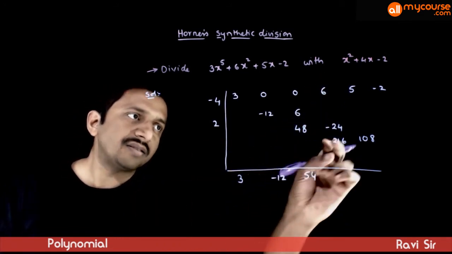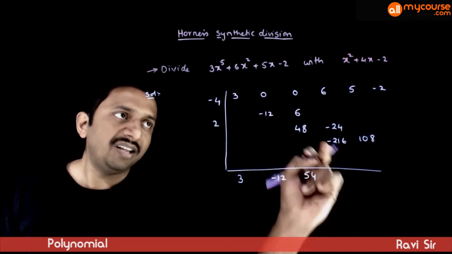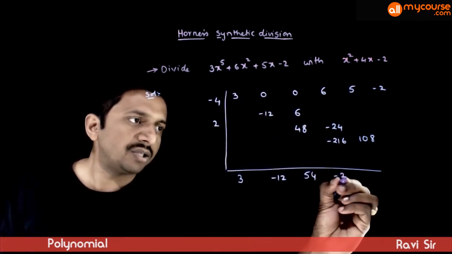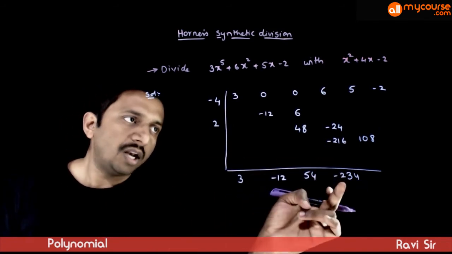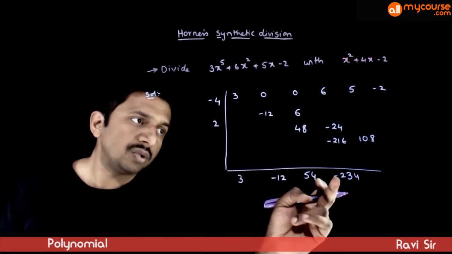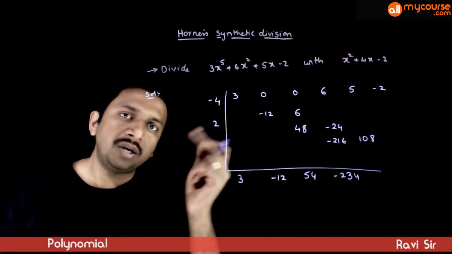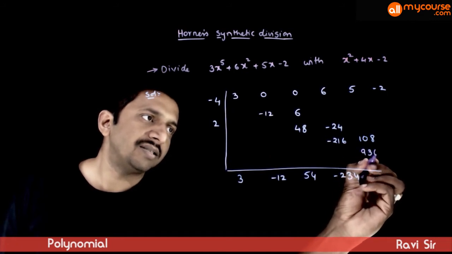Now add all this. So minus 240 plus 6 is minus 234. Now minus 234 into minus 4 is 936.